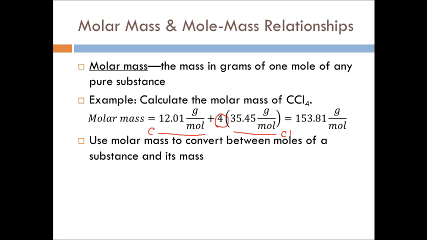You multiply 4 times 35.45, and add that to 12, and you end up with 153.81 grams per mole. So, to find the molar mass, you simply add the masses from the periodic table together, and you multiply by how many of each element you have. In this case we have 4 chlorines, so we multiply the mass of chlorine by 4 and sum them all together. Now, we can use this molar mass to convert between the moles of a substance and its mass.